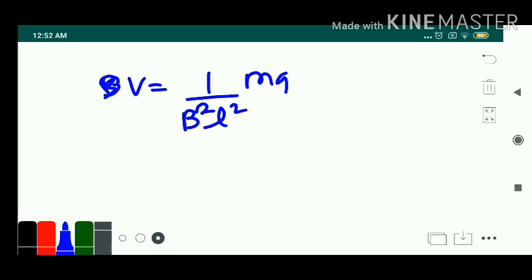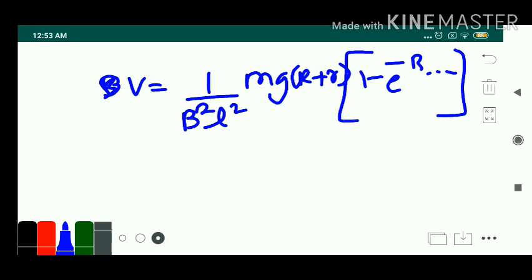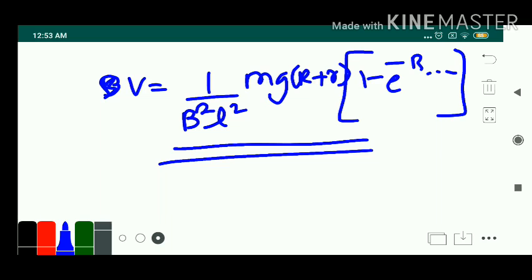Then v is equal to 1 by b squared l squared, that goes off here, right? mg r plus r, I can bring that as common, 1 minus e raised to that function b squared l squared. I'm not writing the entire thing. You'll get the answer like this. This is a velocity function with respect to time. Okay.